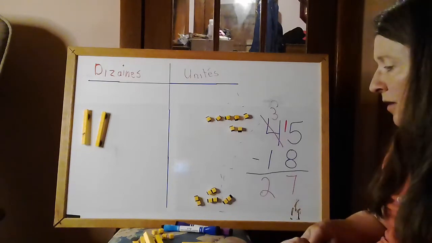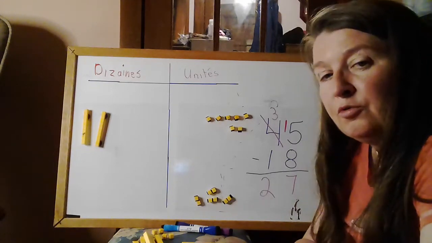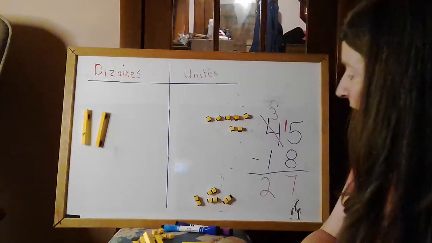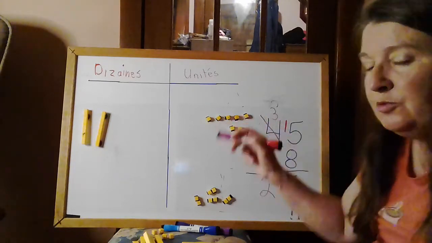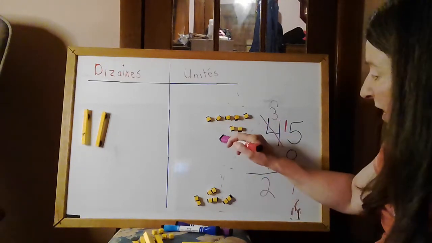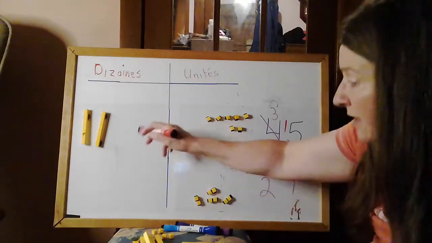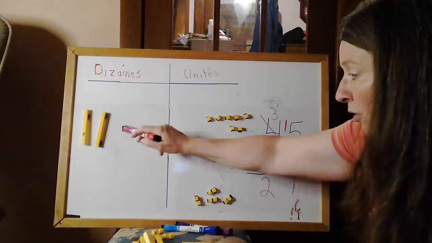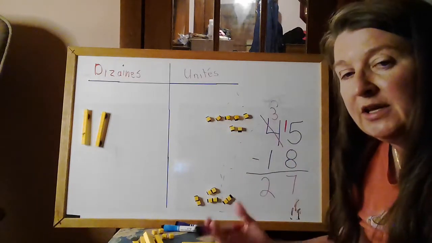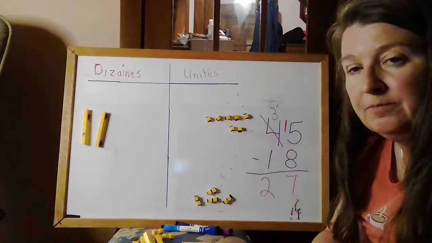Okay. So when we are trying to do our subtraction, if we run into a situation where we can't take away from the ones because we don't have enough ones, we can make more ones, we can get more just by trading in one of our 10s for 10 ones.